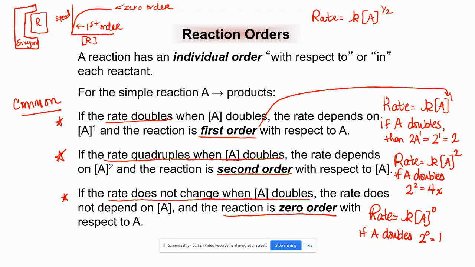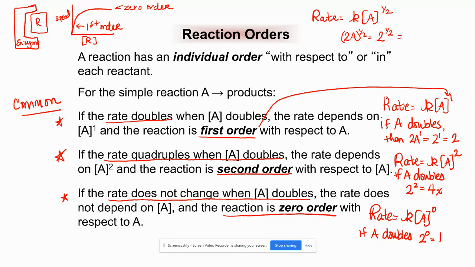So take your calculator right now and picture that you're doubling A. That would be taking 2 to the 1/2. So you have your exponent key.